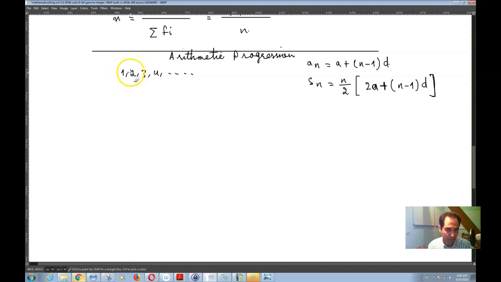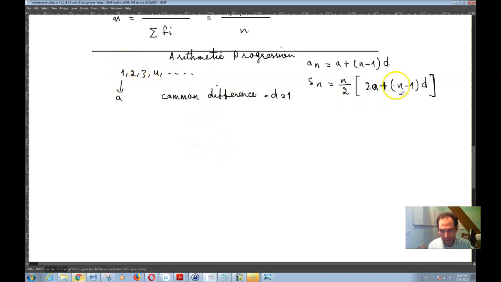Add 1 to the previous term, you get 2. Add 1 to the previous term, you get 3, and so on and so forth. And so in this arithmetic progression, your a, which is the first term, is 1, and your common difference, which is d, is equal to 1, because you add 1 to each of these terms to get to the next term.